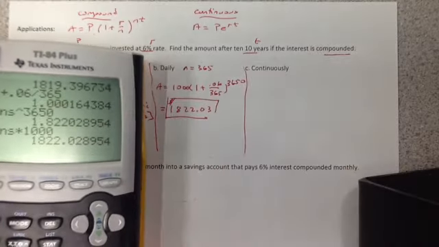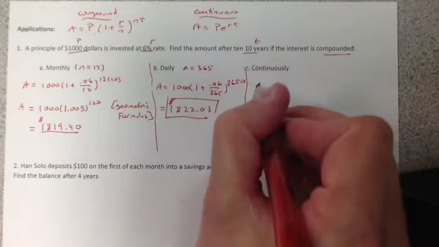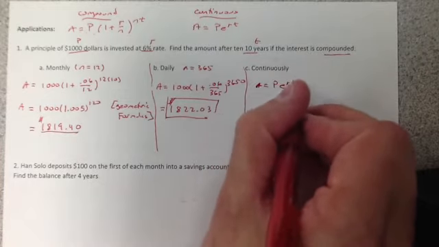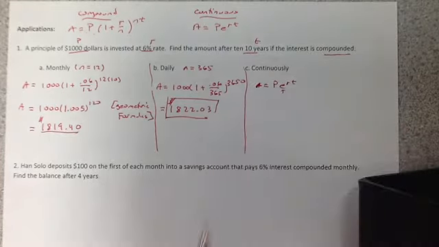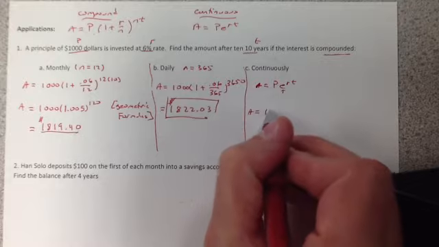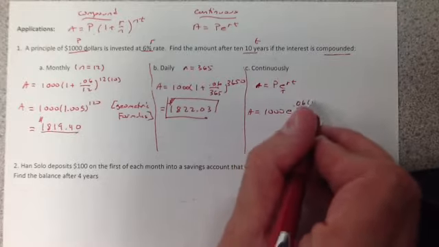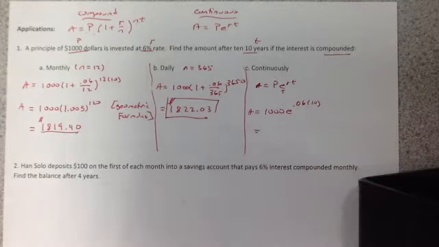The next one says continuously. Continuously is our Pert formula: A equals P e to the R T, where e to the R is like your little rate. So we get A equals 1,000 e to the 0.06 times 10, and we just type that into our calculator.